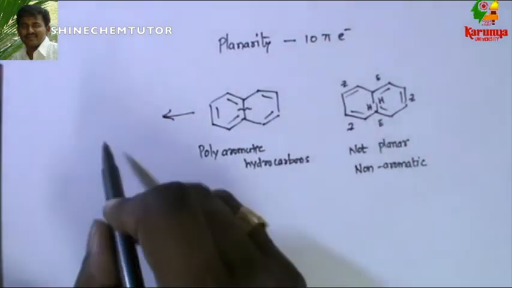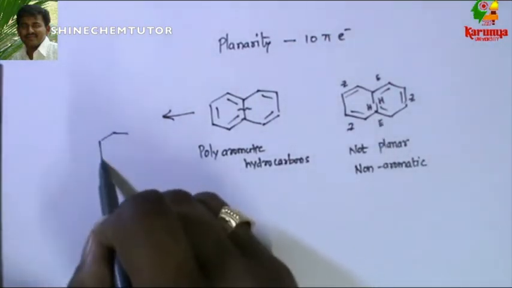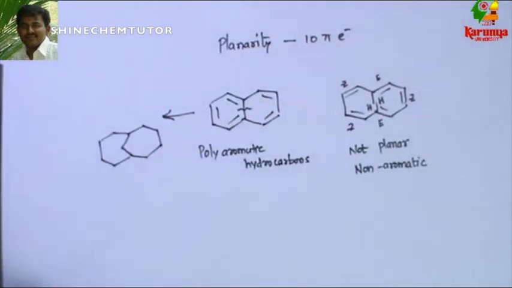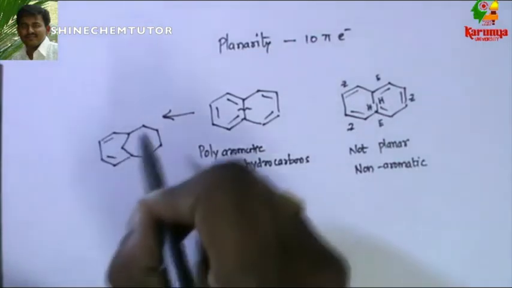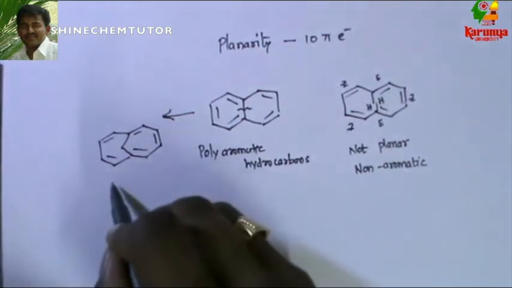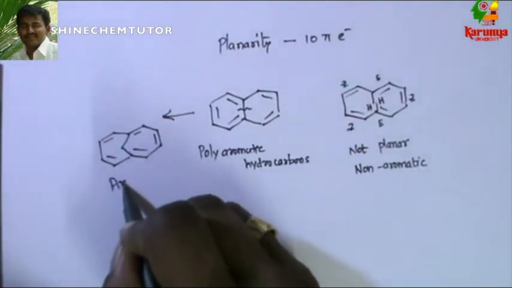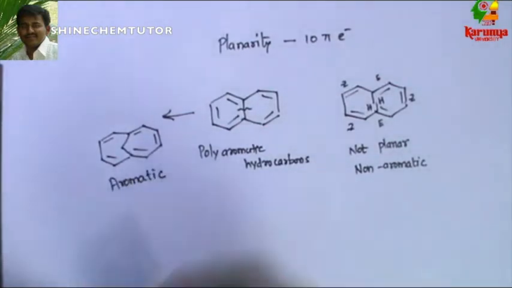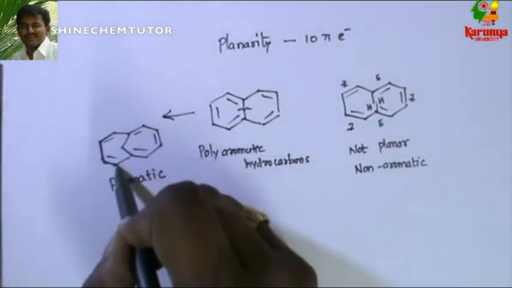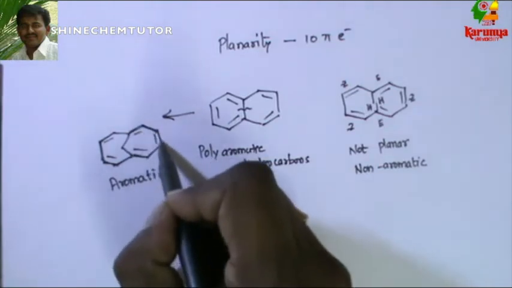If I connect this by a methylene group like this, then what will happen? This compound is aromatic. Is it possible for this molecule to be in a plane? All these 10 carbon atoms should lie in the same plane.